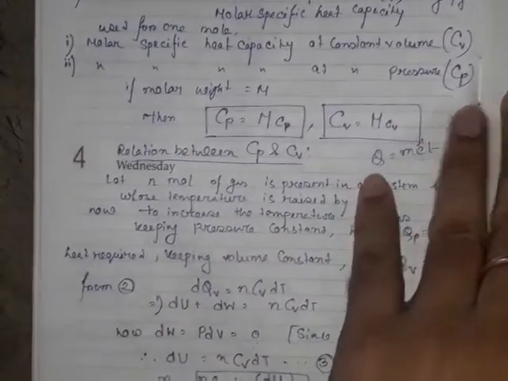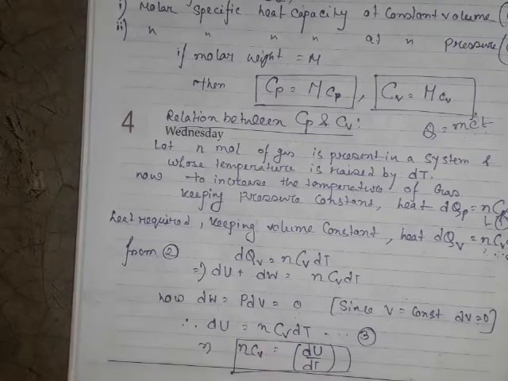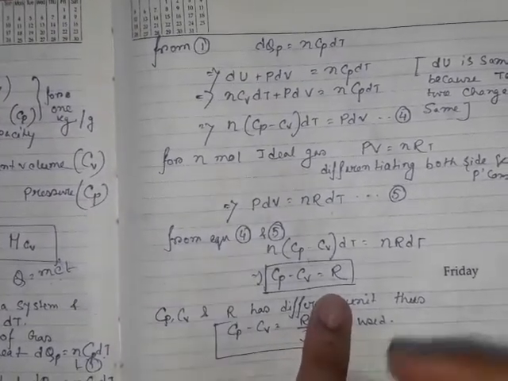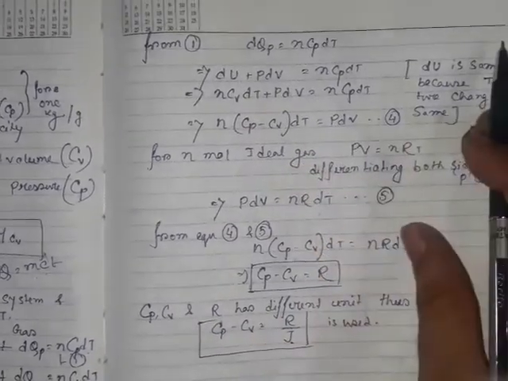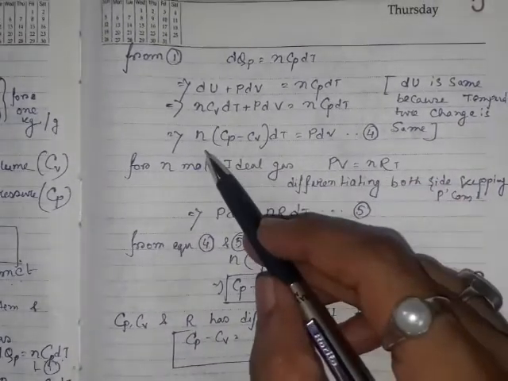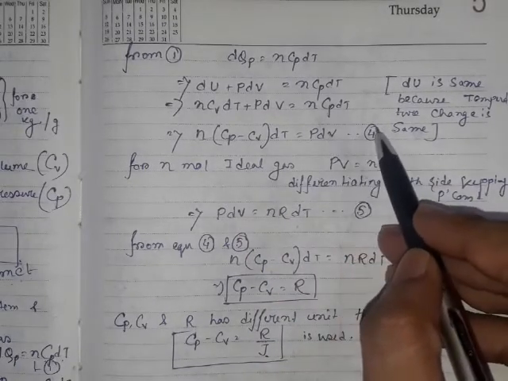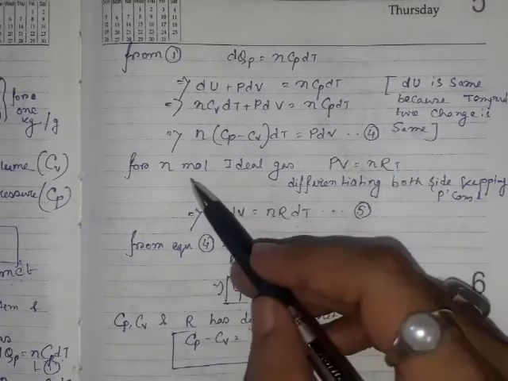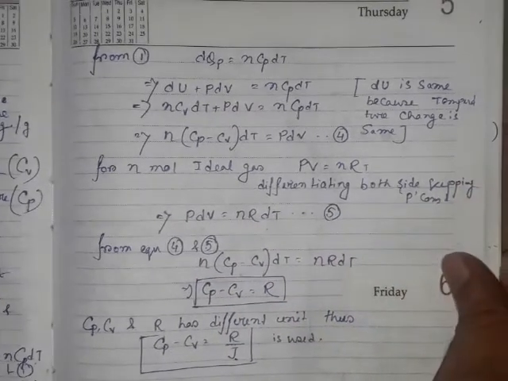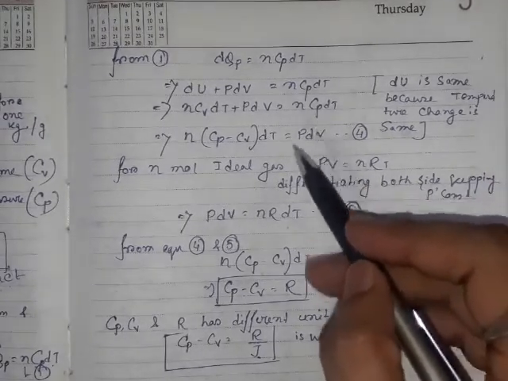Now take this term to the right, and you will get n (Cp minus Cv) dT equals PdV. This is our equation 4. Now for n mole of ideal gas we can write PV equals nRT. Now we have to differentiate the equation to get the value of PdV.